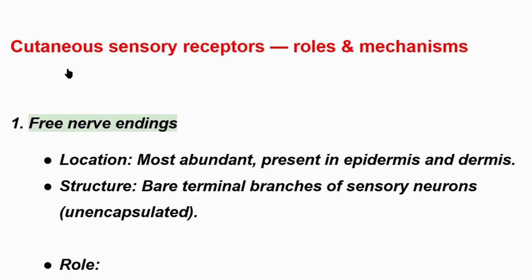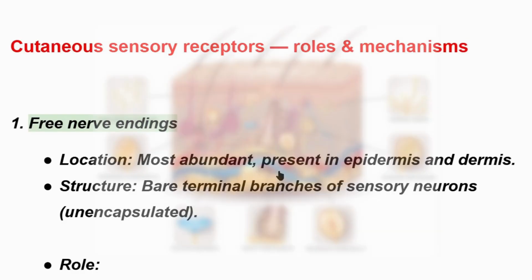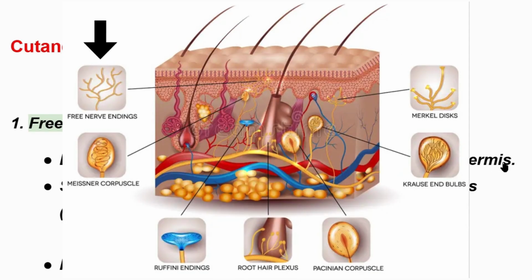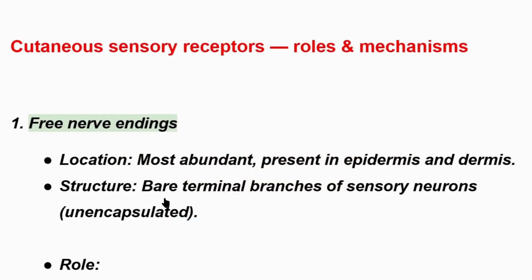Today we are going to talk about cutaneous sensory receptors, roles and mechanisms. In the first line we have free nerve endings. The location of free nerve endings: they are most abundantly present in the epidermis and dermis. The structure of free nerve endings: they are pure terminal branches of sensory neurons which are unencapsulated.